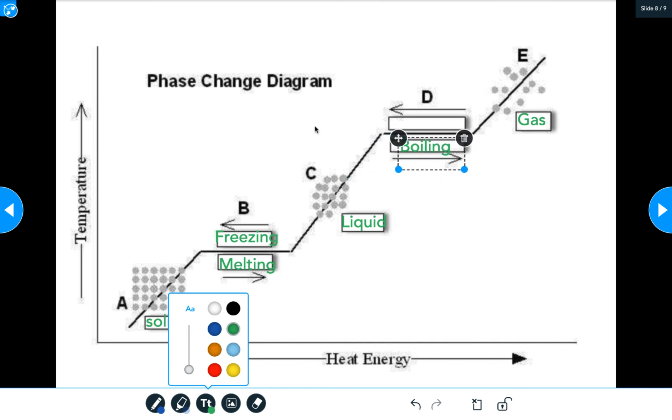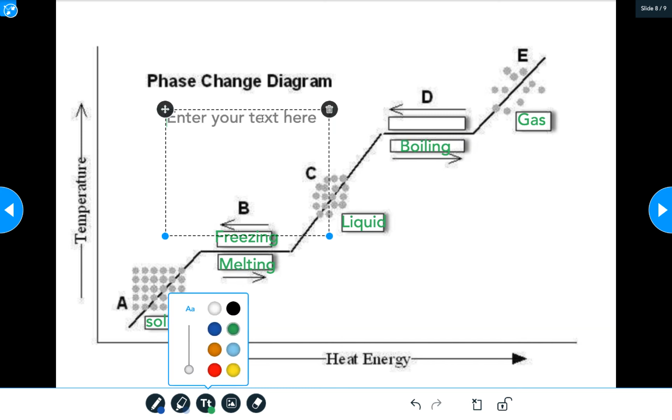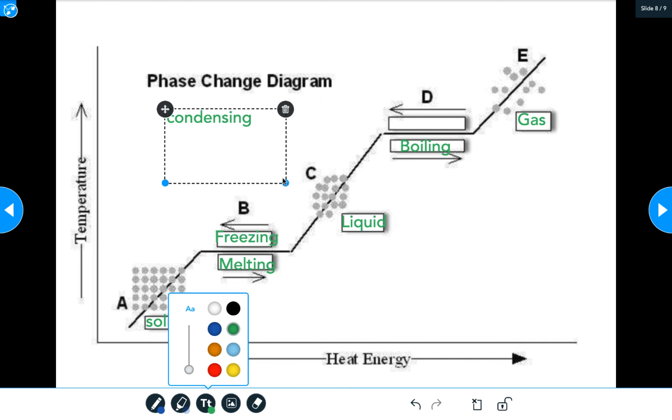And then the opposite of that, when gas turns into a liquid, it's called condensing. It condenses from a gas to a liquid. Okay.